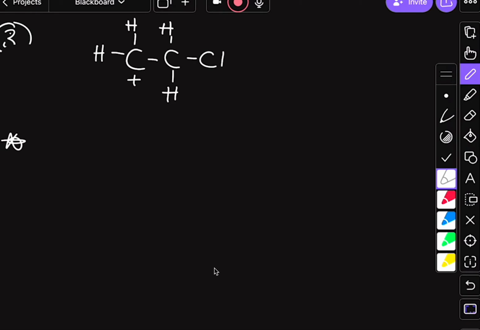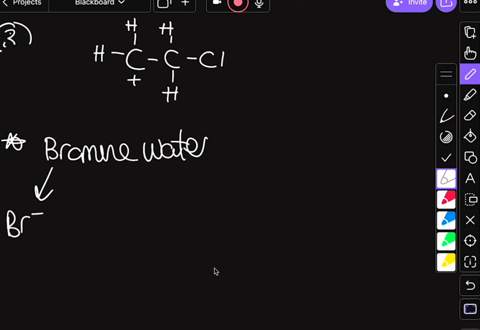If you had bromine water, there would be a very good chance, because the double bond in the ethene would polarize bromine, that you might have bromide ions in there, and you would also have your water dissociating to give the OH minus ions.